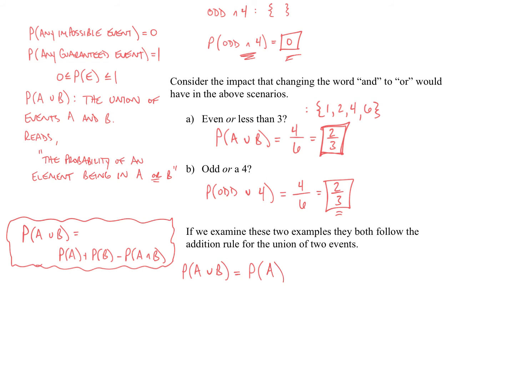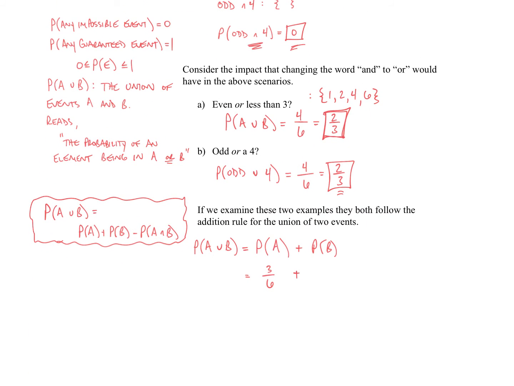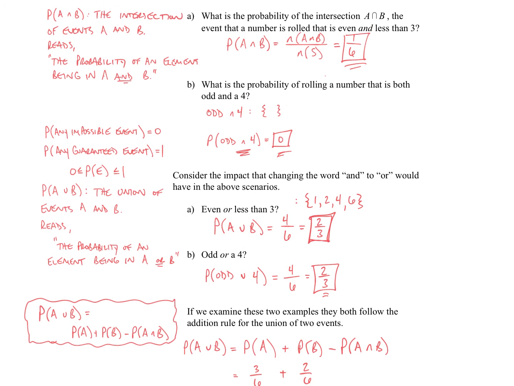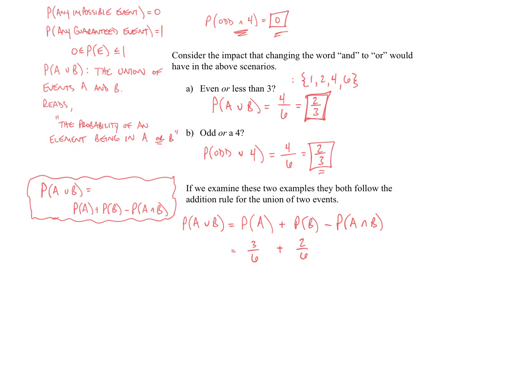So the probability of A, which is 3/6, plus the probability of B, which we know to be 2/6, minus the probability of the intersection of A and B. And remember, the intersection of A and B was 1/6. So I could have used this. Now 3 plus 2 is 5 minus 1 is 4 because they all have a common denominator. 4/6, or 2/3.